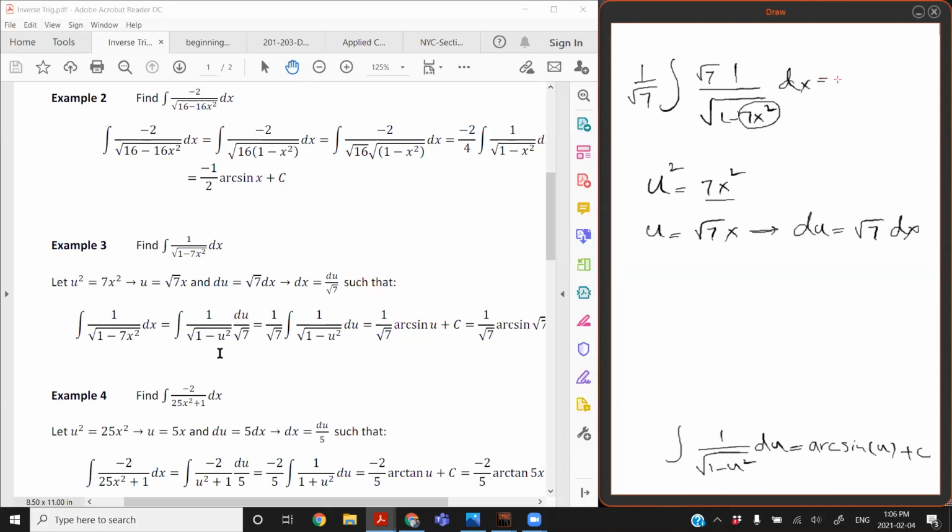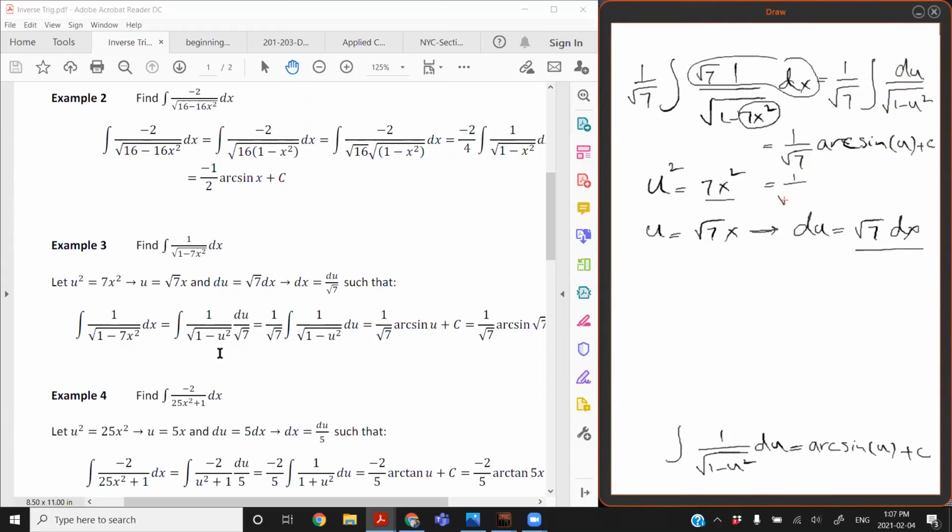And look what happens then. I get 1 over root 7 integral of everything here, the root 7 times dx. That's going to be du. And at the bottom, I have what I needed. I have root 1 minus u squared. So this is going to be 1 over root 7 arcsine of u plus c.